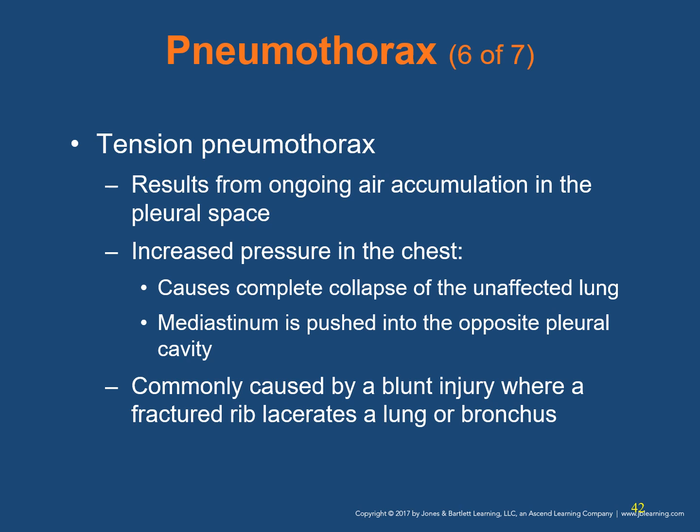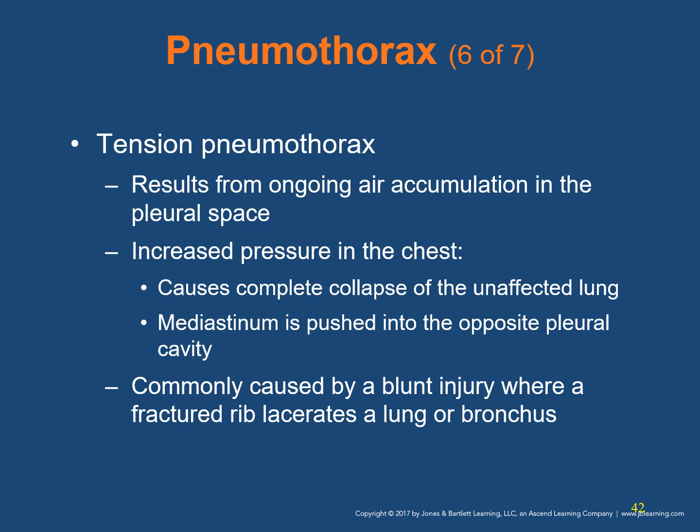Common signs and symptoms: chest pain, tachycardia, marked respiratory distress, absent or severely decreased lung sounds on the affected side, hypotension, altered mental status, jugular vein distension, JVD, cyanosis, tracheal deviation.